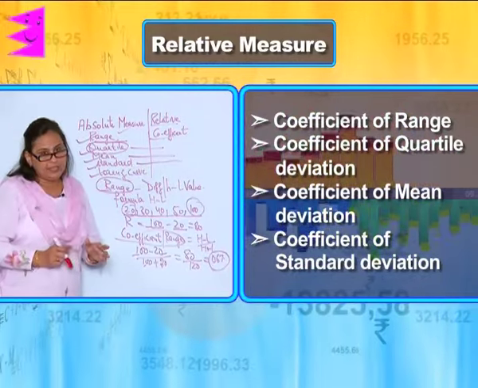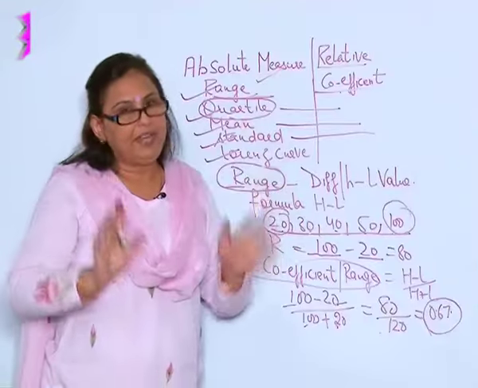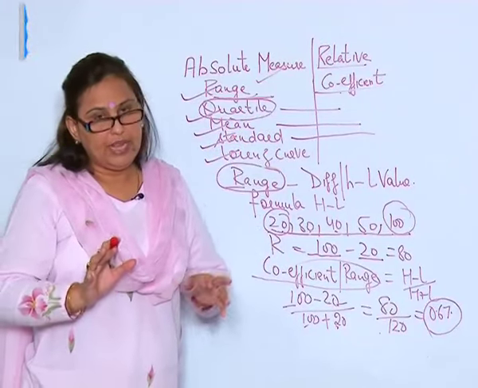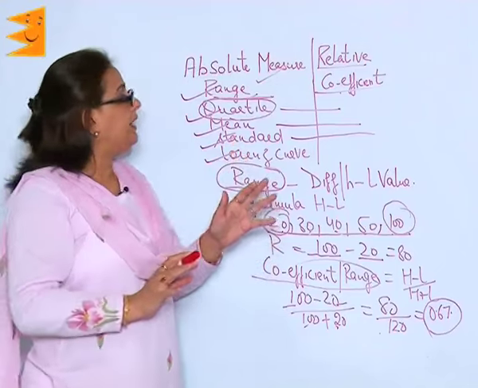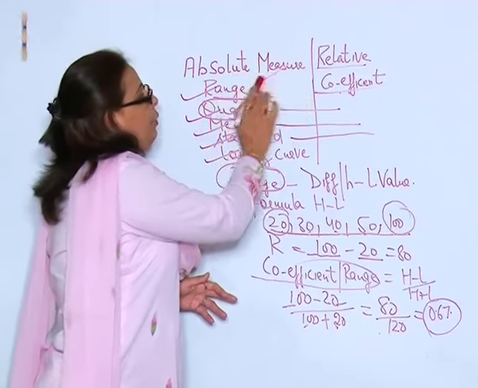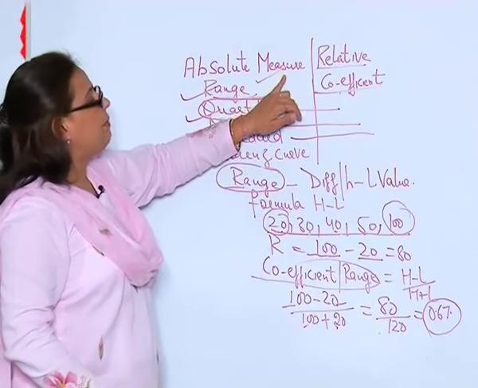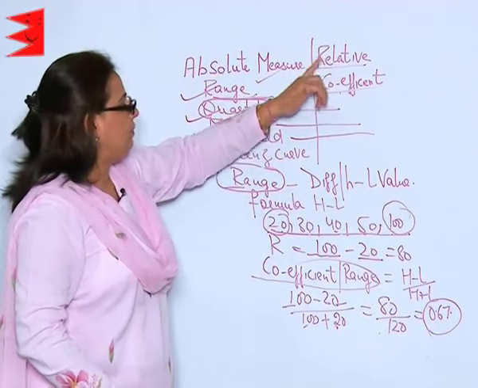This means that whenever we measure dispersion, we need to find it in both terms, the absolute measure and the relative measure.